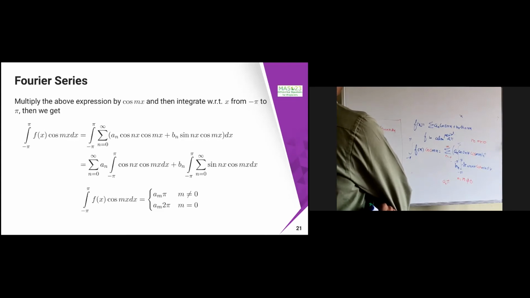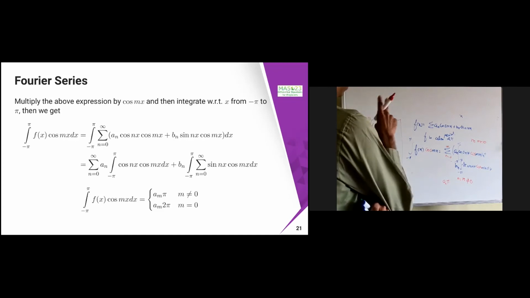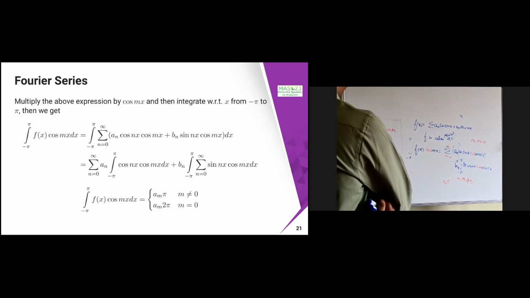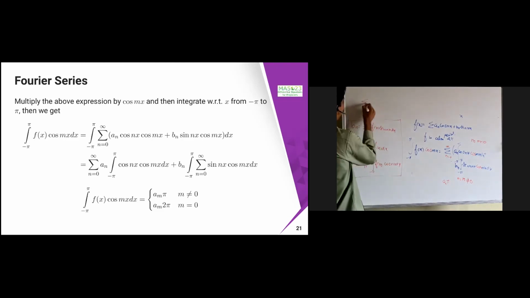Now suppose this is happening, then we can find this a and b. Means our question was how to find this a and b. Suppose this f of x is converging. So the series is going to be a naught, separate, plus summation n equal to 1 to infinity an cos nx.